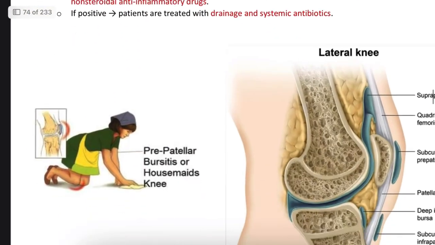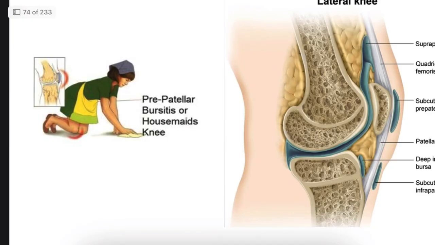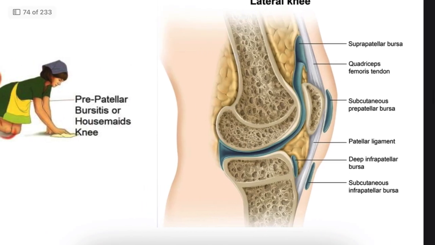If you look at this image, you can see this housemaid is cleaning like this. When she cleans like this, the total body weight comes on the patella. Because of this repetitive kneeling in jobs like housemaid work, carpet laying or plumbing, these patients are more prone to this type of pre-patellar bursitis.